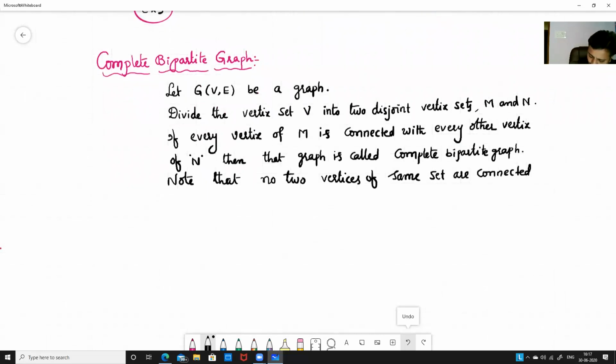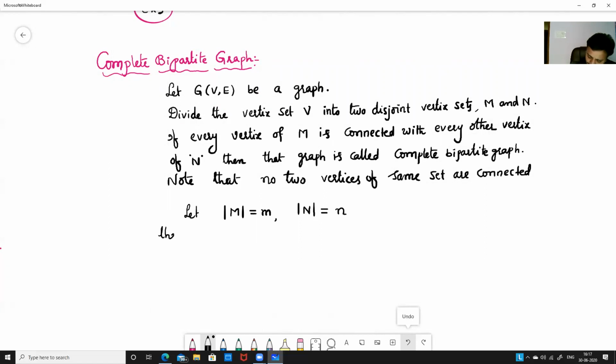Suppose let the number of vertices in M be equal to small m, and the number of vertices in capital N be equal to small n. Just assume that.